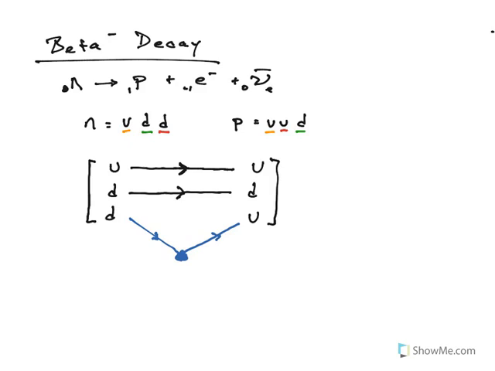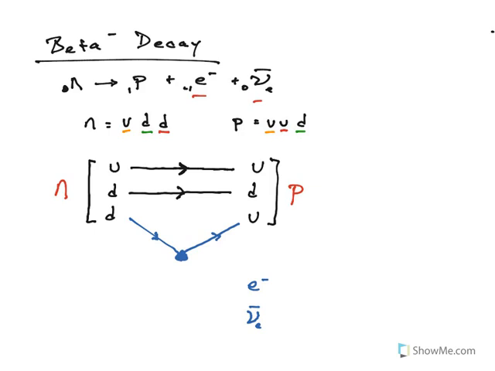What else do I know I'm getting out? So far, all I've gotten is the neutron has become my proton, but remember, I still need the electron and the antineutrino. They're still sitting out there waiting. So I know there's going to be some electron over here, and there's going to be the antineutrino in electron version.